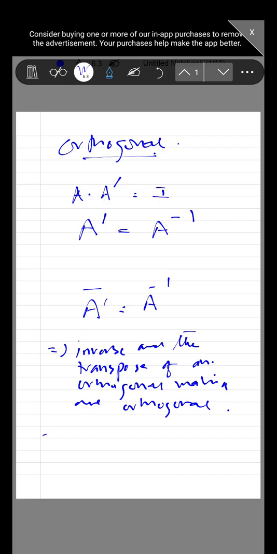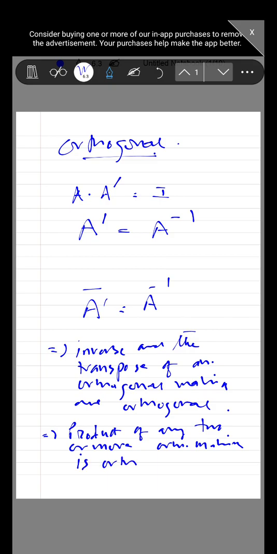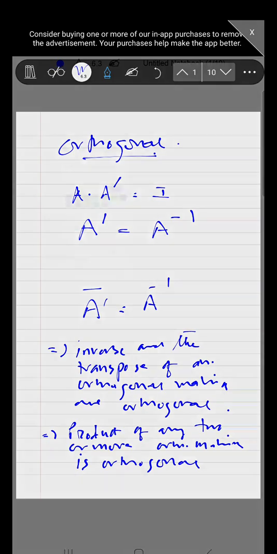We can also say that the product of any two or more orthogonal matrices is orthogonal. So let's try to understand what the first line means.